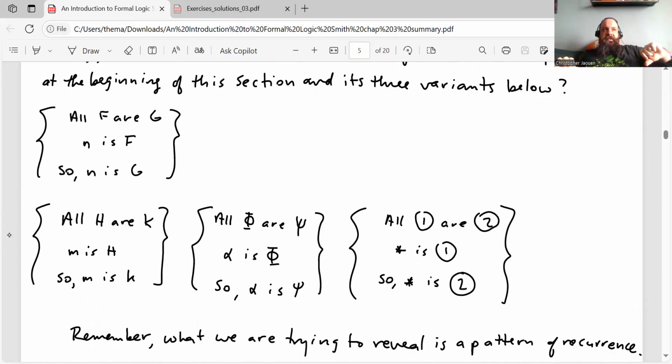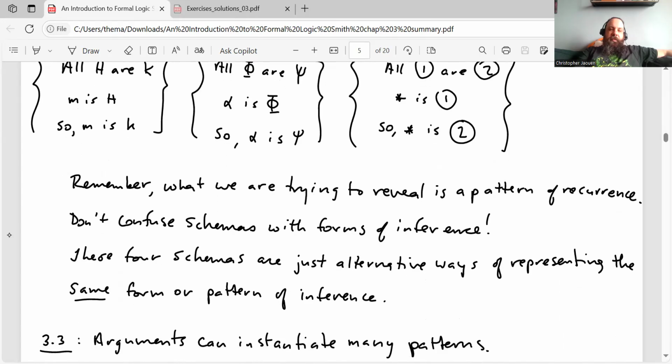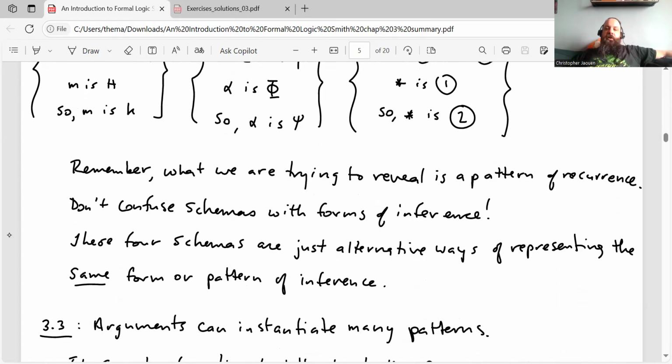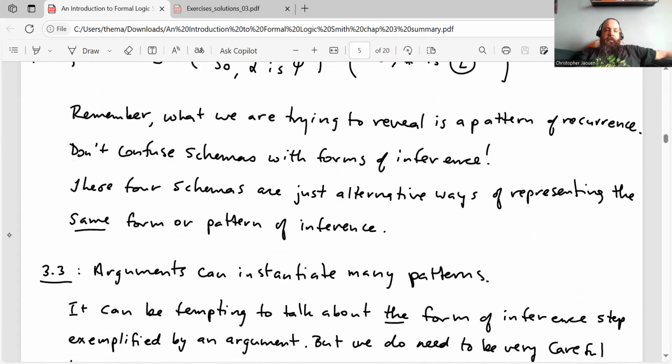It's just a change in the name, not a change in the form, if that makes sense. So remember, what we're trying to reveal is a pattern of recurrence. Don't confuse schemas with forms of inference. These four schemas are just alternative ways of representing the same form or pattern of inference.